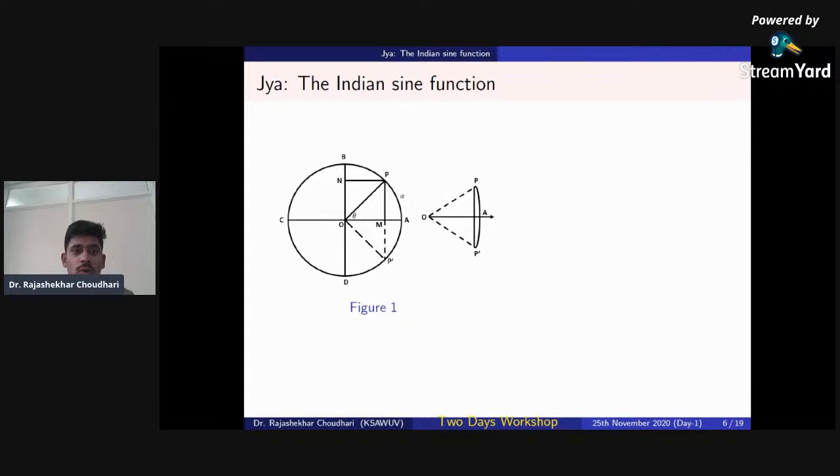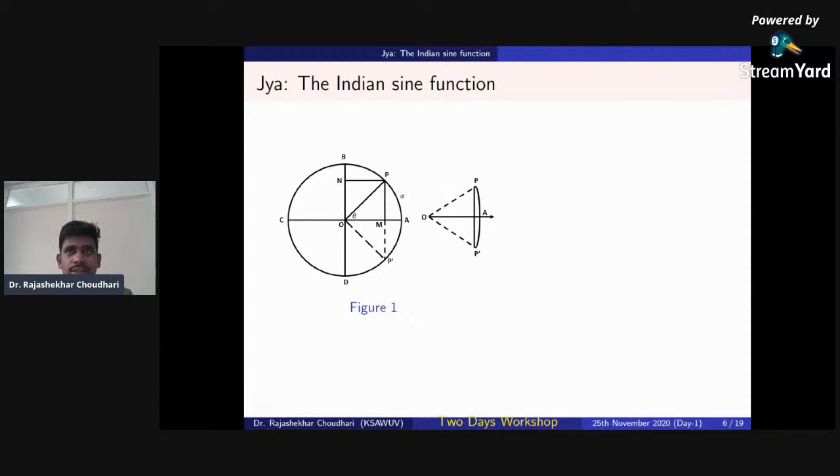Indians called this line PM the ja, that is the sine function of the arc AP whose length is alpha. If you look at the subfigure where I have written P dash AP along with this OA, it looks like a bowstring with an arrow.